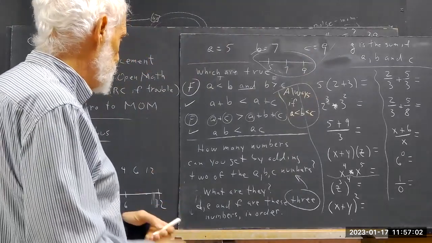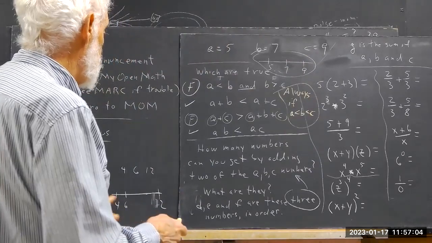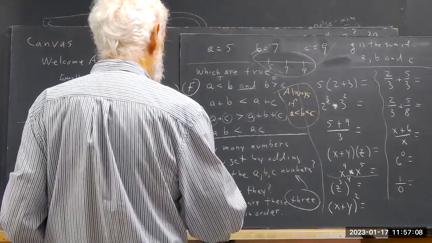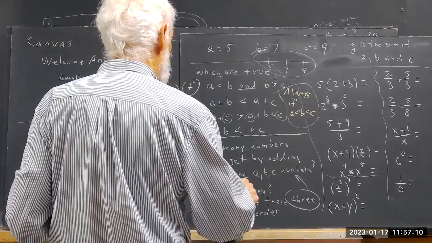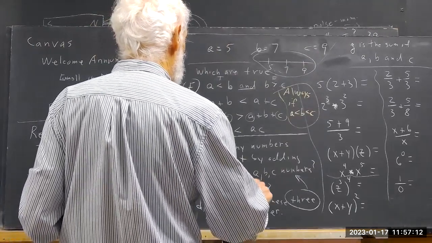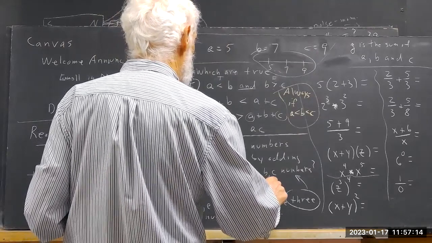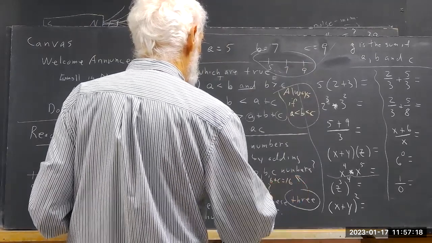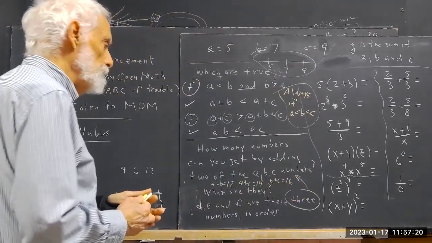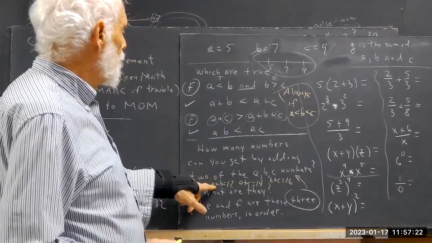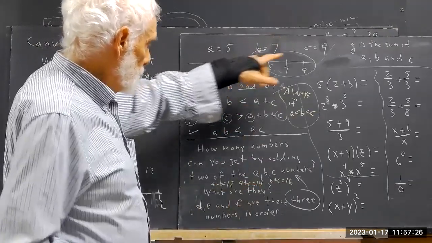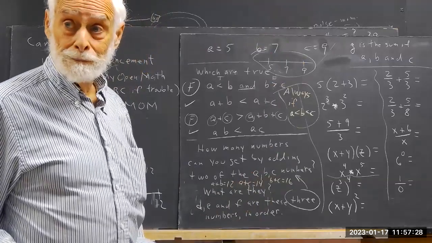In my case, I wrote it kind of small, but you already know. A plus B is 12, A plus C is 14, B plus C is 16.